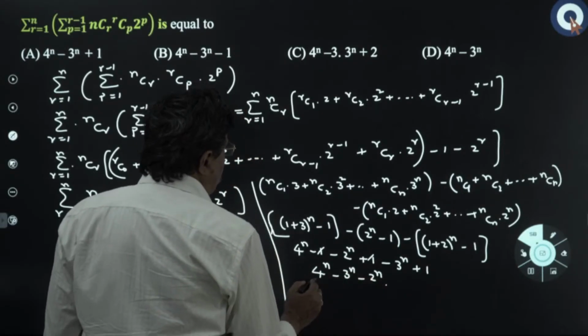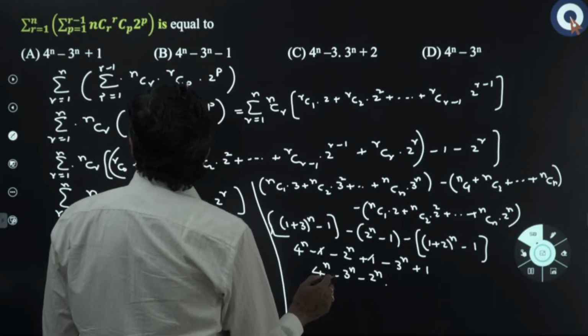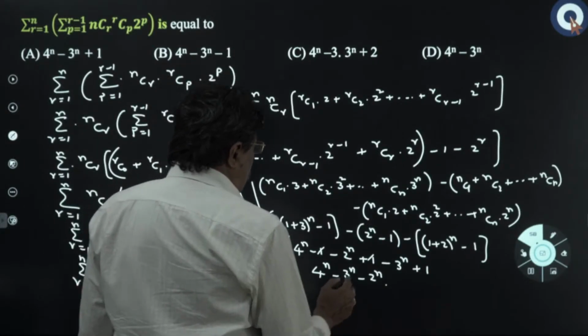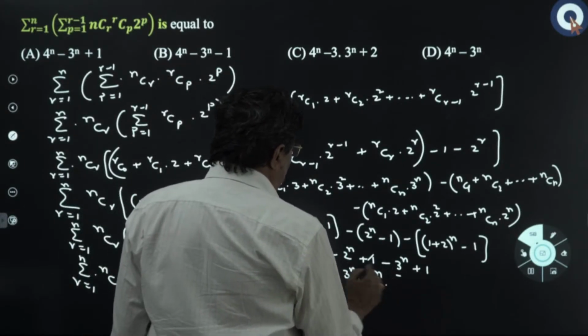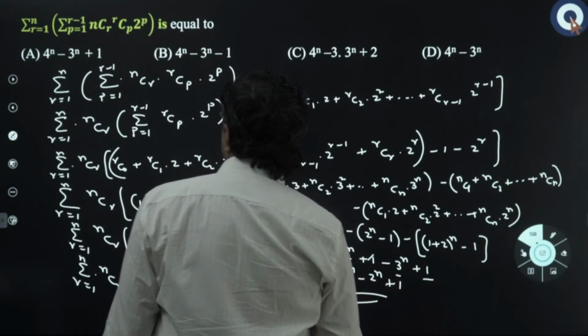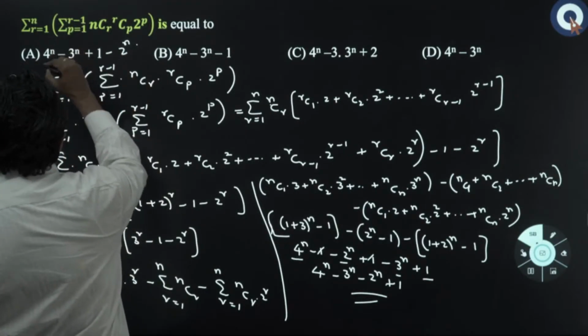This is 4 power n minus 3 power n minus 2 power n plus 1. Okay. So this is what we get, plus 1 minus 2 power n you add. So option A comes.